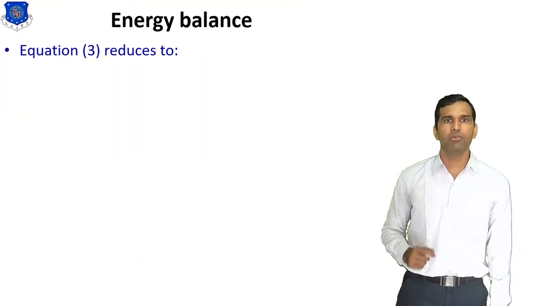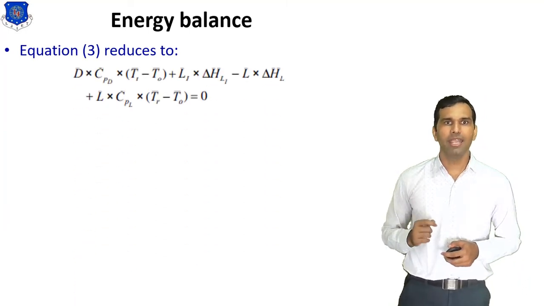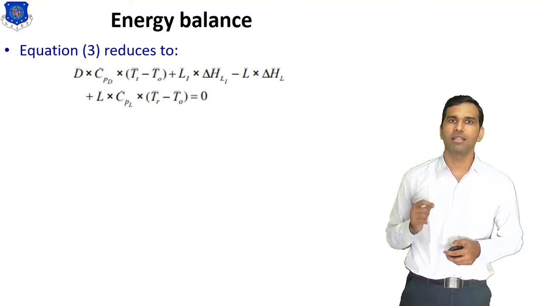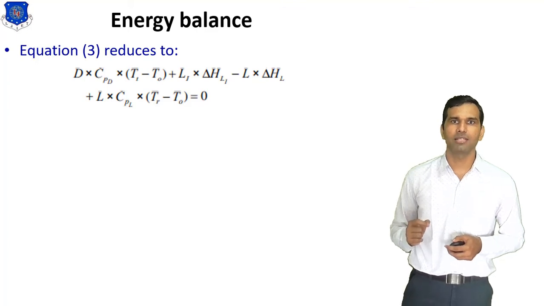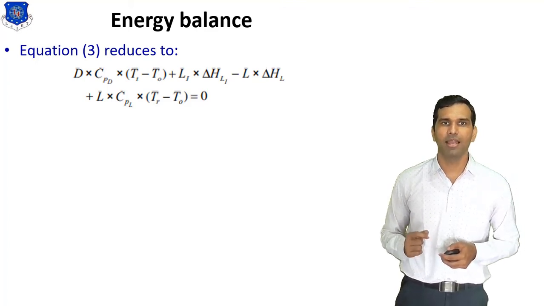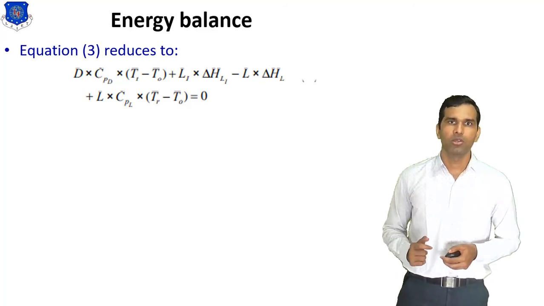Now equation 3 reduces to D times CPD times (TT minus T0) plus LI times delta HLI minus L times delta HL plus L times CPL times (TR minus T0) equals 0.